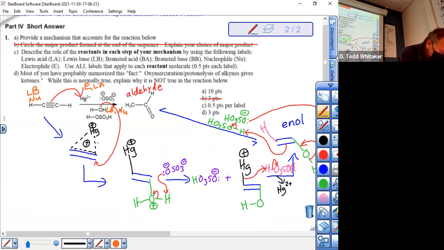The acceptor of the electrons is always an ELA. Loves electrons. Or just say electron acceptor. Electrophile is electron acceptor.